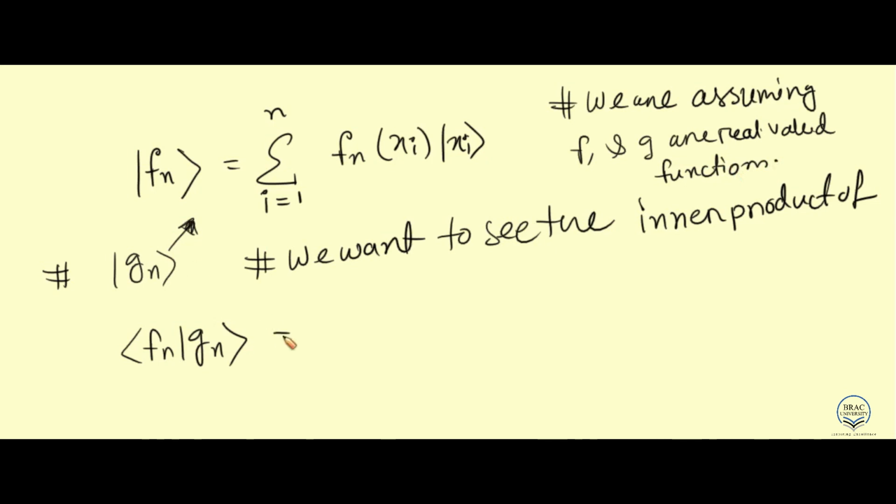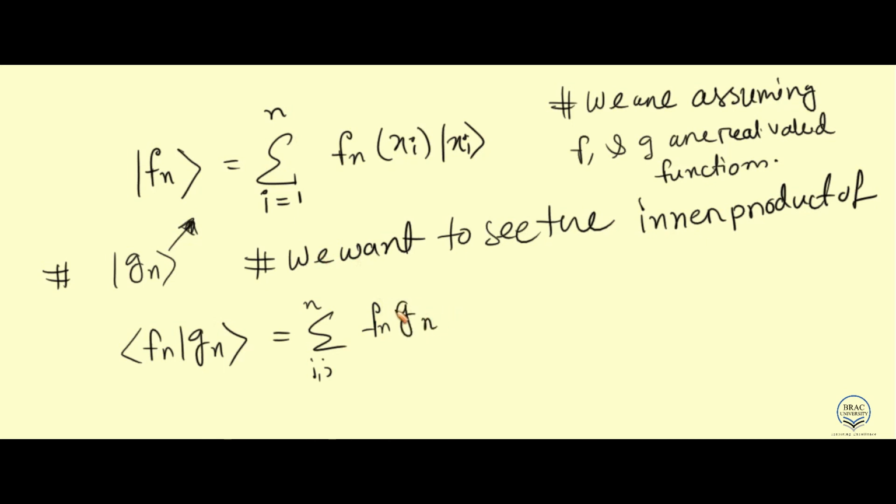So if you just write this whole thing down, there will be two summation indices that will vary up to n, i and j, and since f and g can be written like this, we can have f of n with a star over here. That means a complex conjugation, but since they are real valued, we can just get rid of the star, and then you will have this g of n thing, right?